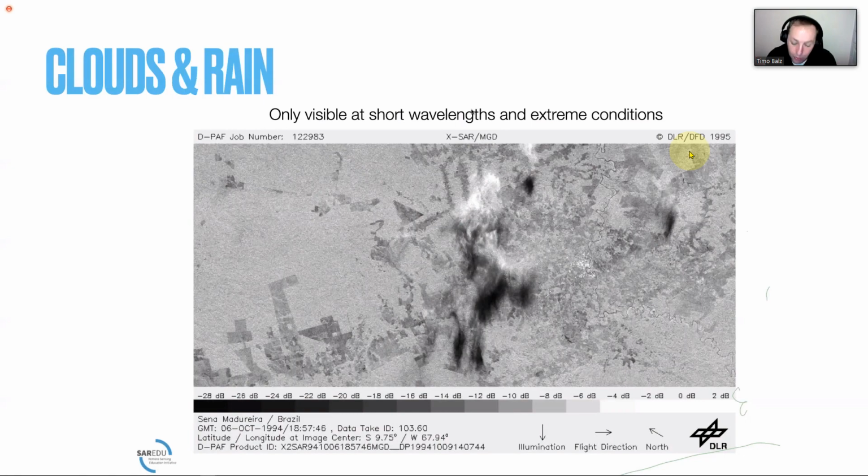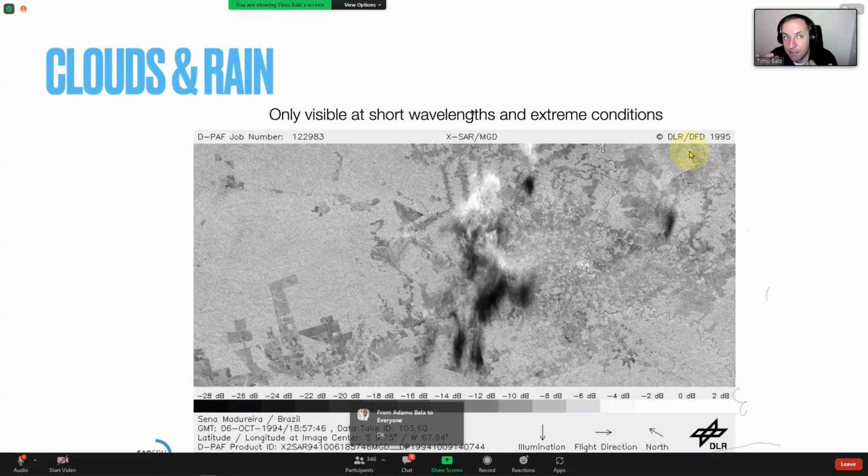To understand that, keep in mind the weather radar, the rain radar the meteorological institutes are using. They use X-band, 3 centimeters, to detect rain. So it clearly affects you.